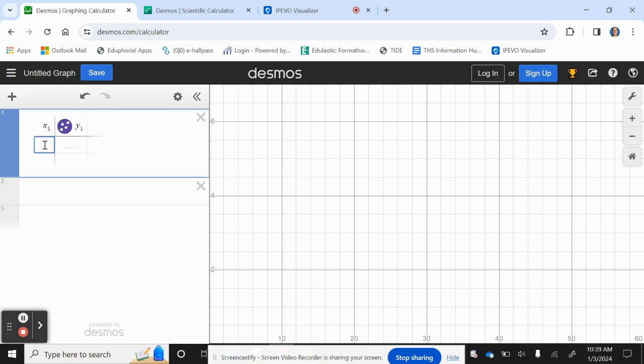Now there's a lot of points, so it's important to double check to make sure you don't make a mistake. And if you do, make sure you correct it in the table.